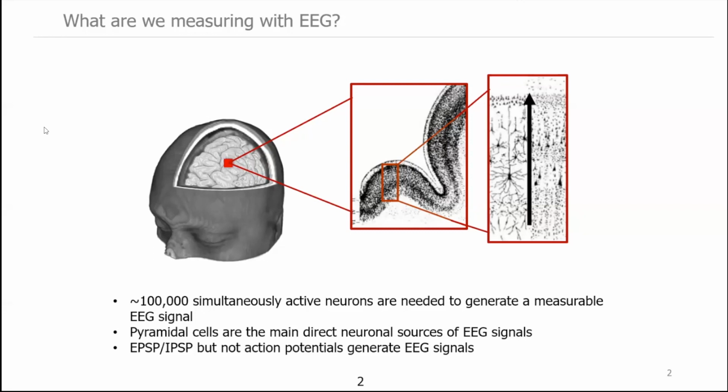So Sash already explained to you that more than 100,000 simultaneously active neurons are needed to generate a measurable EEG signal. So it is the pyramidal cells that are the main direct neuronal sources of the EEG signals. And it's actually the excitatory postsynaptic potentials or the inhibitory postsynaptic potentials and not the action potentials that generate the EEG signals.